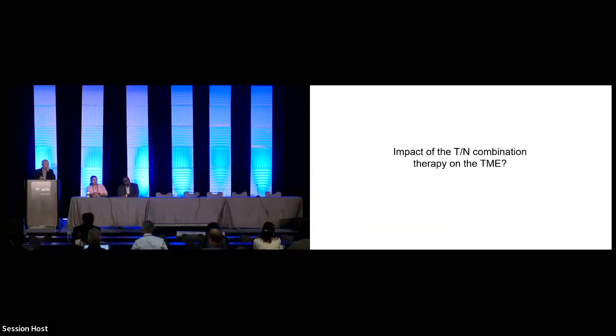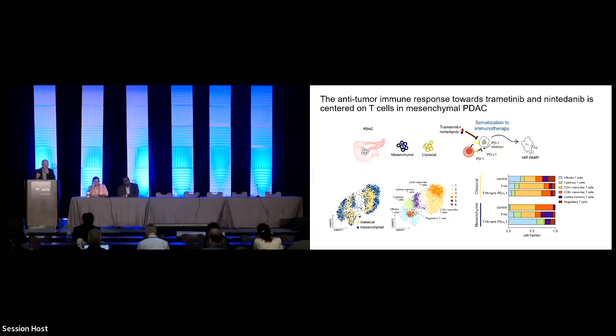Very shortly, what is the impact of this combination therapy on the TME? We can induce T cell infiltration into the tumors. That's shown in the lower right part for the mesenchymal subtype, so we get effector T cells in, whereas in the classical subtype, we get the opposite, so there are even fewer T cells in these tumors.